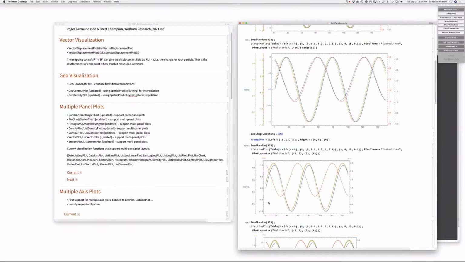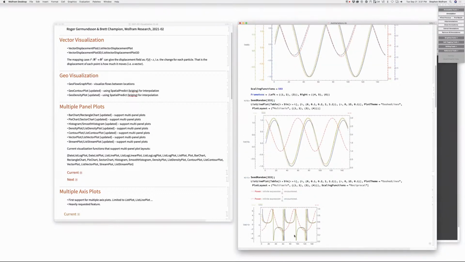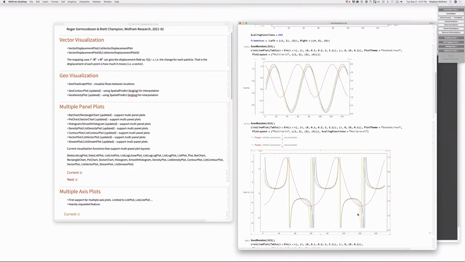At the moment, scaling functions is a plot-wide option. Okay, so if I said scaling functions here, scaling functions arrow, well, log's probably going to go crazy, but that's okay. Let's do reciprocal. I was going to say that's probably even crazier, but I don't think it did. Did it do anything?